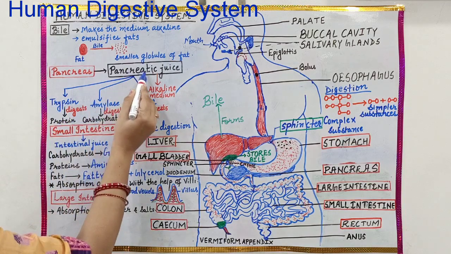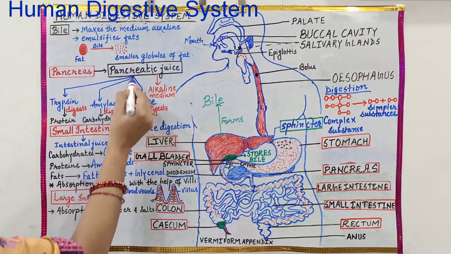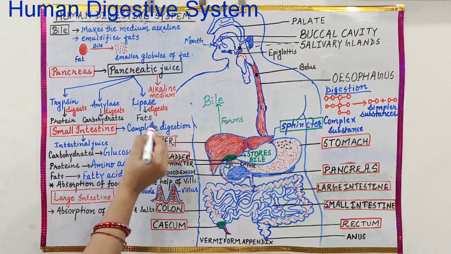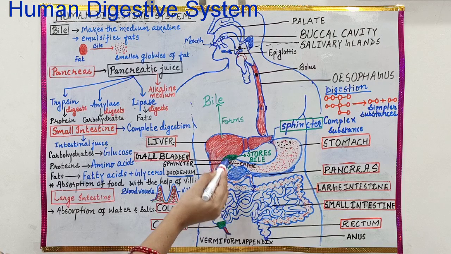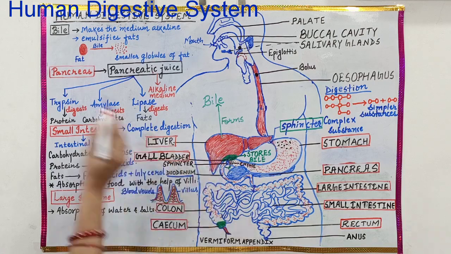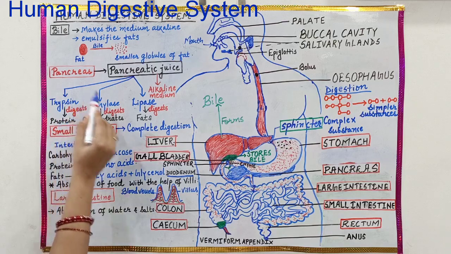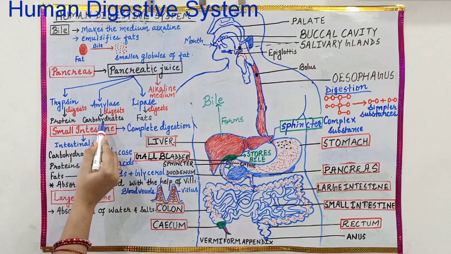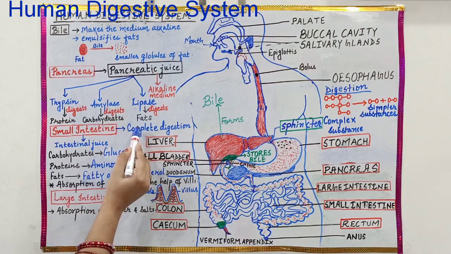Amylase present in pancreatic juice helps in the digestion of carbohydrates, and lipase helps in the digestion of fats. So the pancreas helps in digestion with trypsin for proteins, amylase for carbohydrates, and lipase for fats.